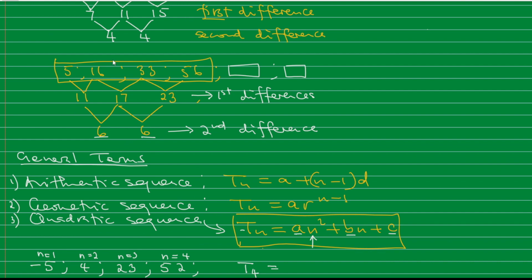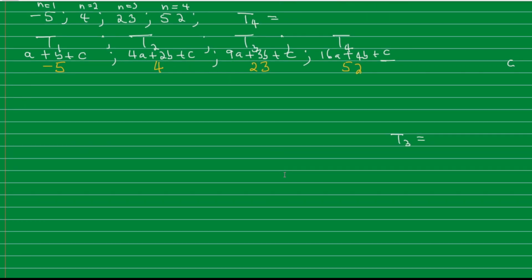Let's apply this format, what we have been doing here. Let's subtract our terms like we have been doing. I'm going to subtract T1 from T2, in other words T2 minus T1.